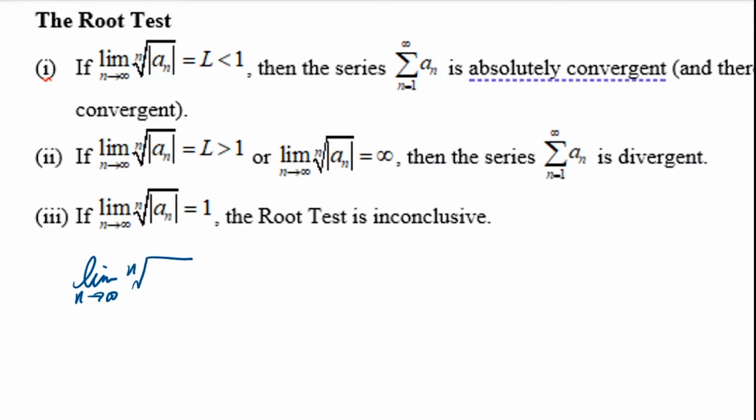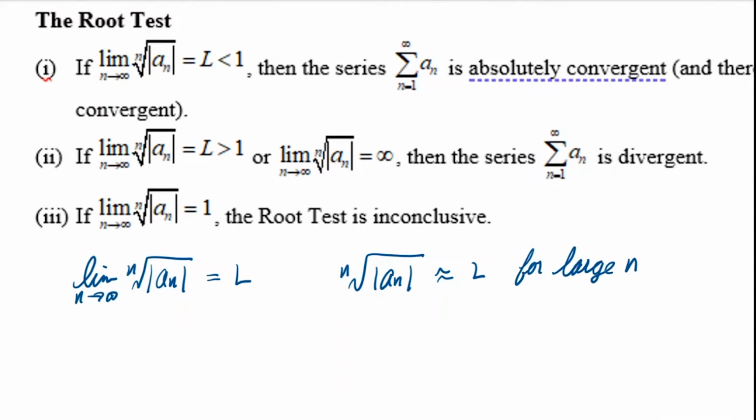So you take the nth root of the absolute value of a_n, and you get some kind of limit. And it depends on whether that thing is greater than 1 or less than 1. Okay, what that means is this thingy is approximately equal to L for large n, right? That's what limit means, infinity. And then what that means is we'll take the nth power on both sides, right, for large n.